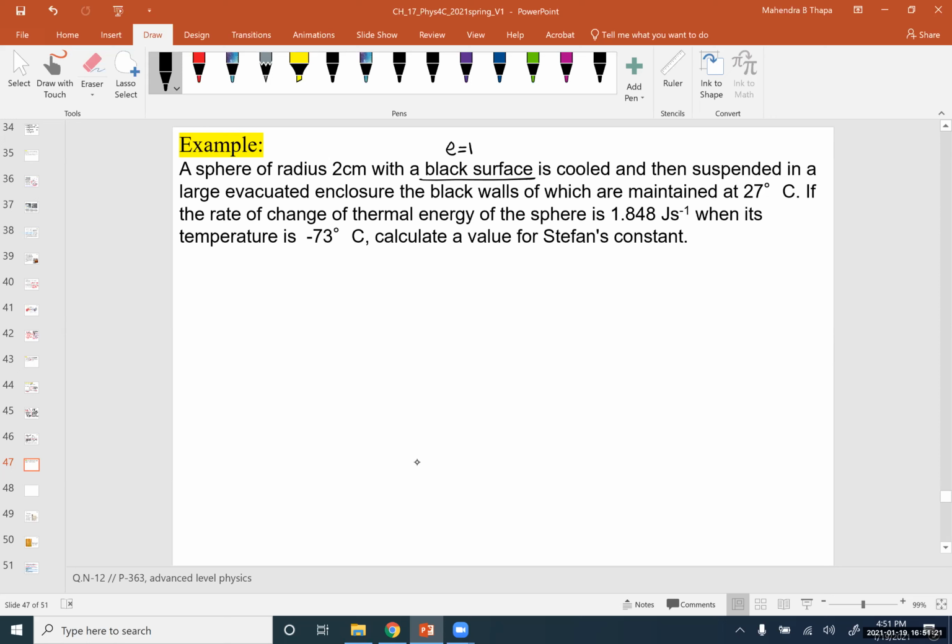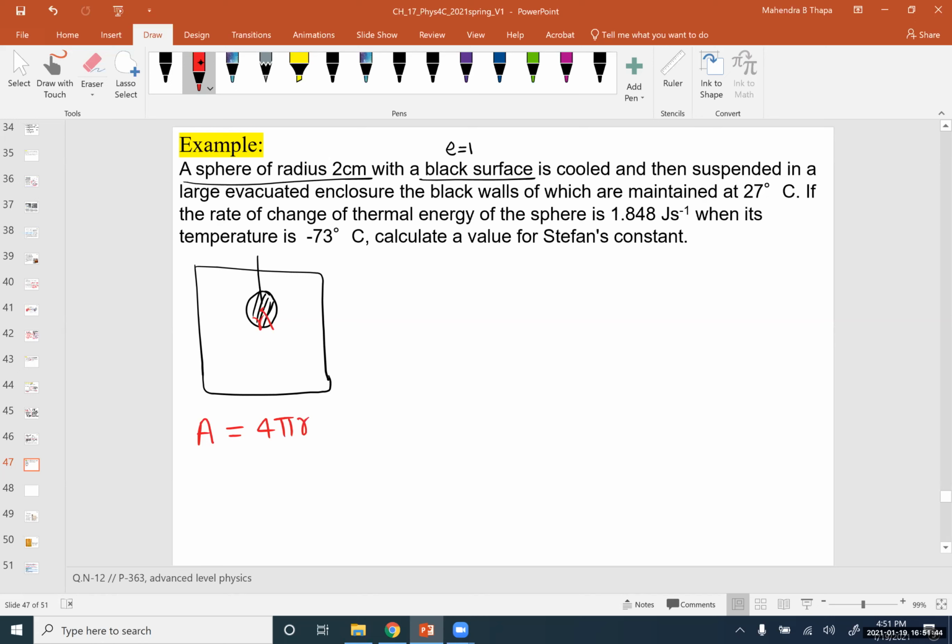Say we have this room, same as before, and this ball. They give you the radius, which means we can find the surface area. Different shapes have different areas.